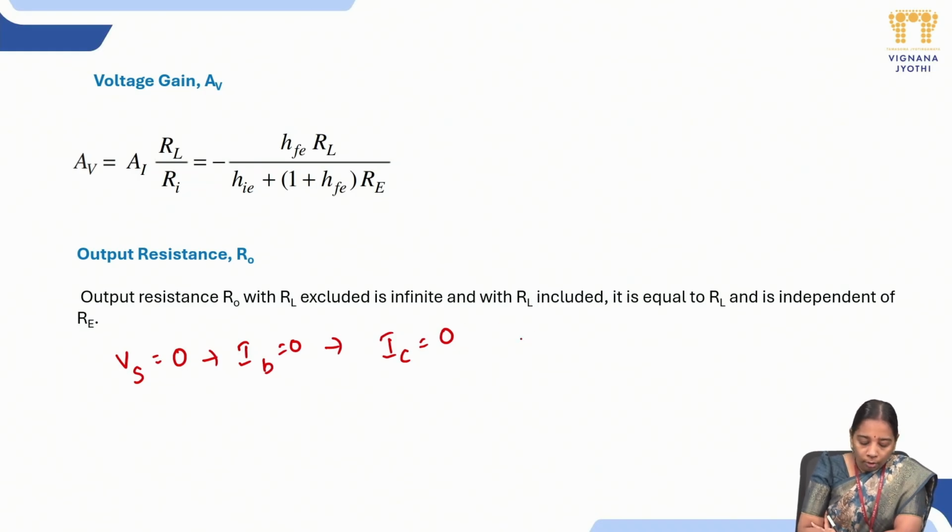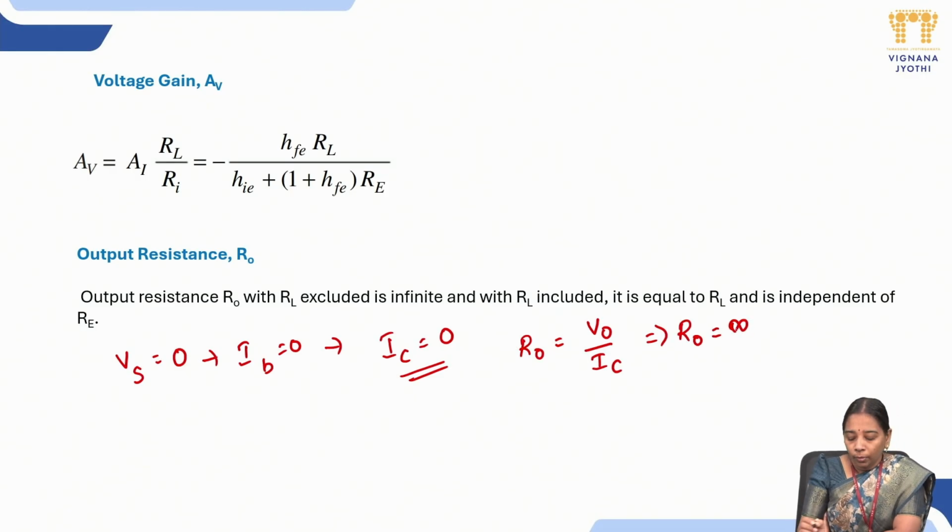Now, how will we calculate the output resistance? R0 will be equal to output voltage by output current. We already know that the output current is equal to 0. That implies R0 is equal to infinity.